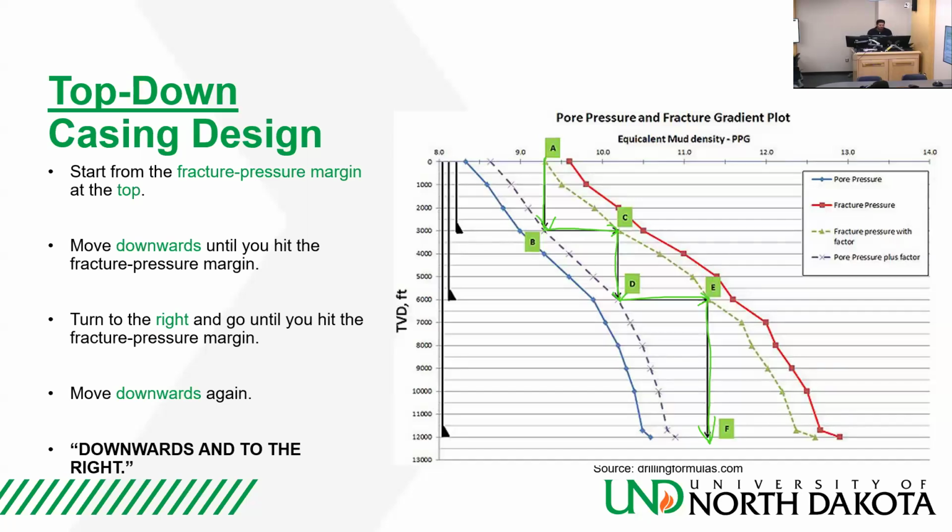Now let's assume that I don't have any safety margin. I will start from here. This is my A. I go down. This is my B. This would be my C. This would be my D. So the end, basically.